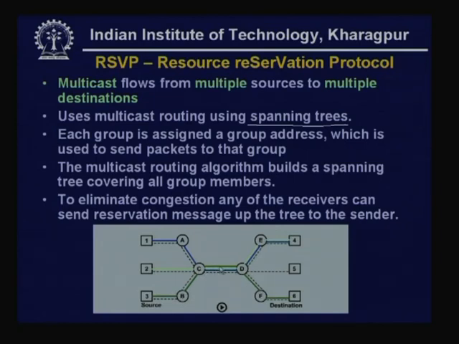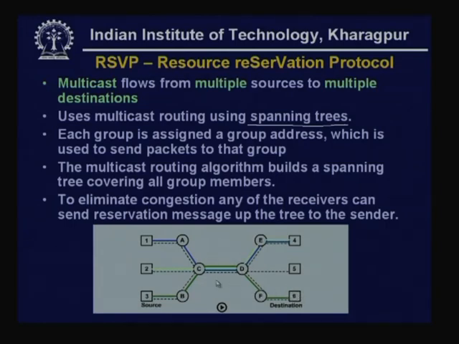Now you can see here between C and D, 4 has already reserved for 2 streamed video traffic, and at the same time 6 demands another one.